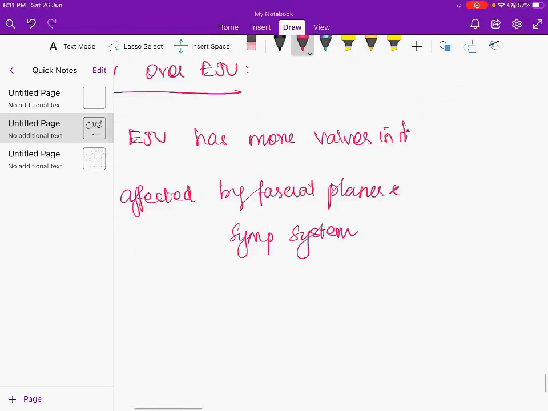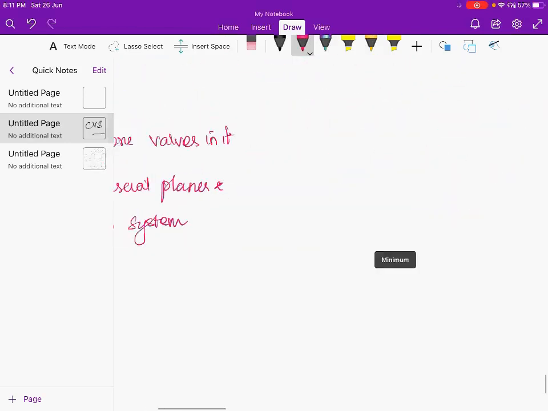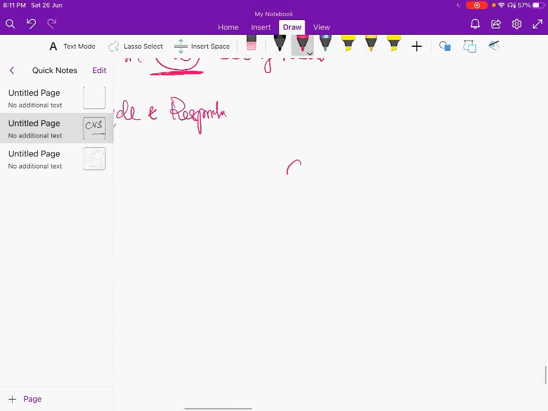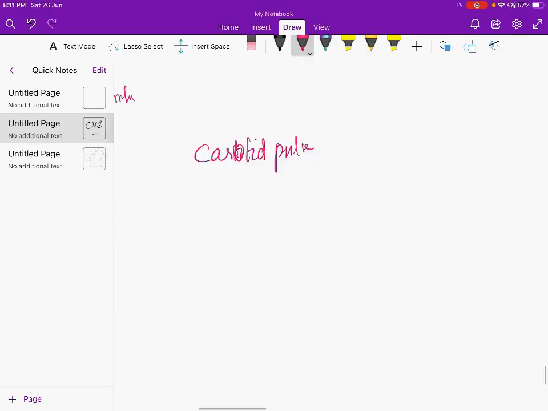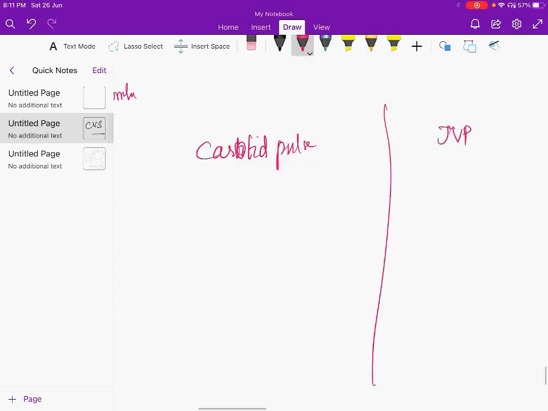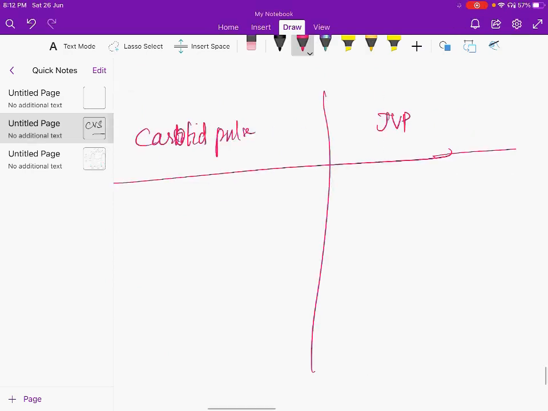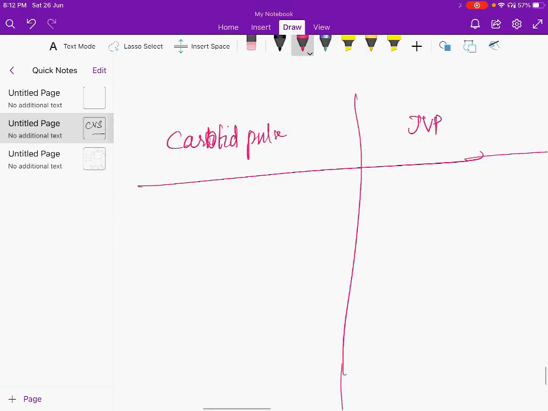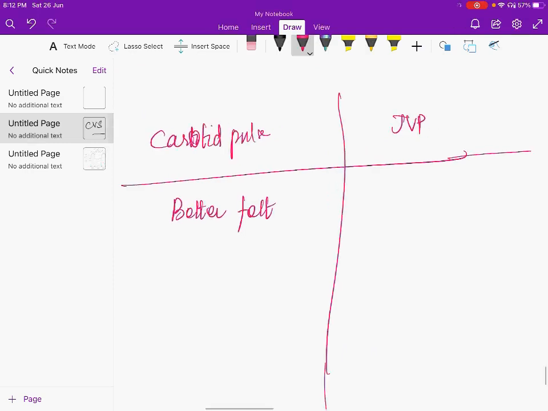So one more favorite question of examiners: how will you differentiate between your carotid pulse and JVP? Carotid pulse, being an arterial pulse, is better felt, like all other arterial pulses.